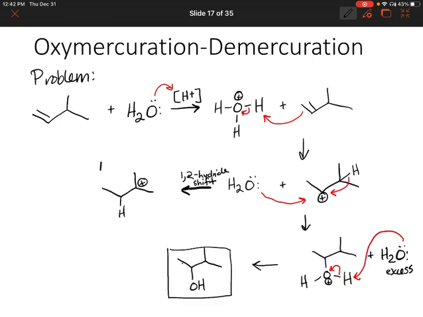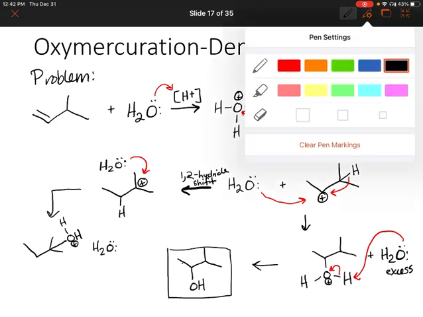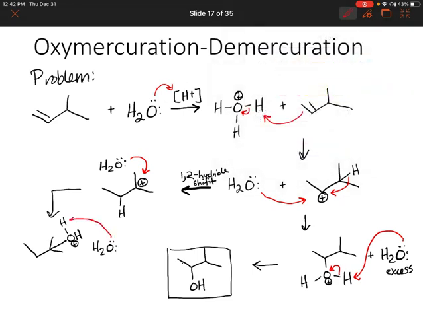And then our water molecule can come in and attack that carbon. So then we end up with another intermediate, and then excess water will come in and take that hydrogen, and we'll get a neutral oxygen at the end.